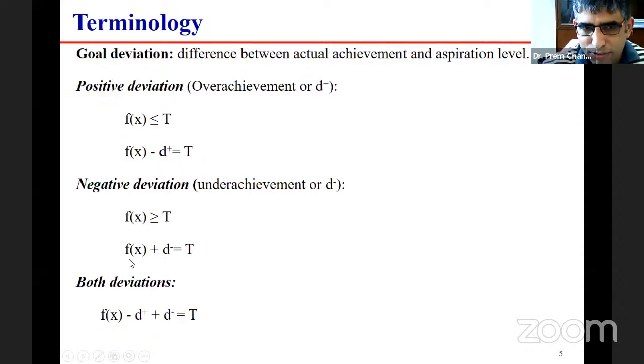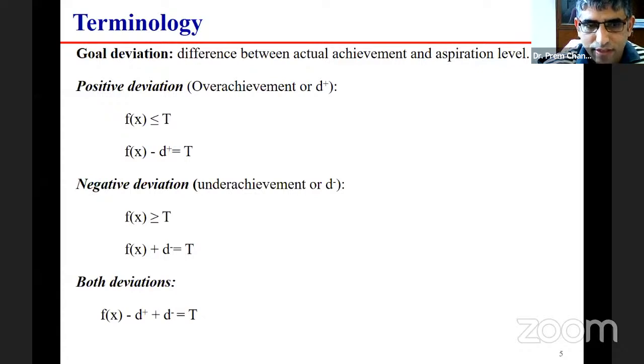Similarly, negative deviation. If we are underachieved, we are not able to achieve the targeted amount, the difference is underachievement. So to equate the expression, we have to add this negative deviation to the left hand side. Then only our equation will be balanced.